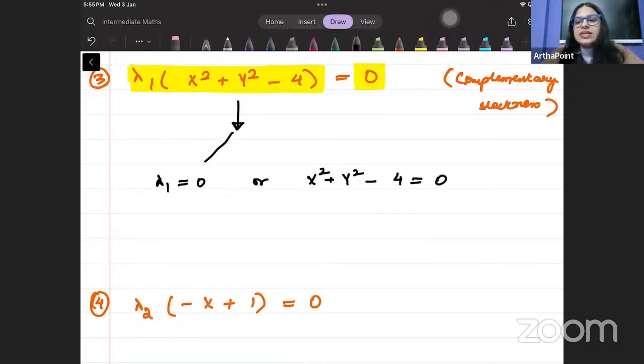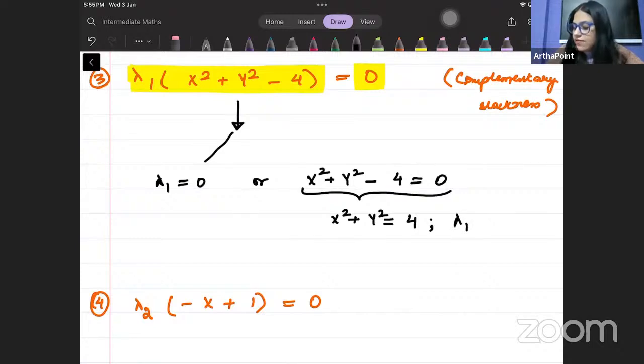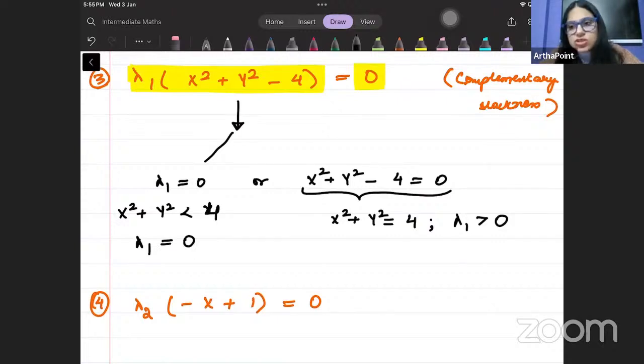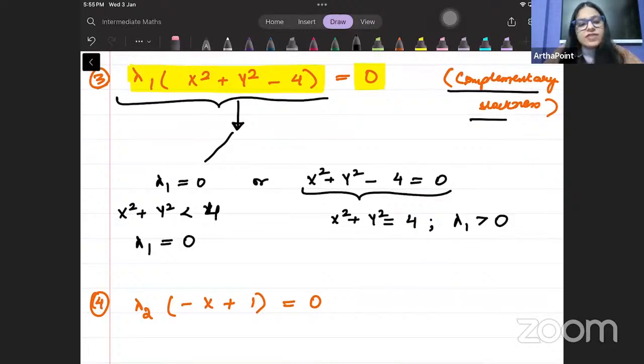So complementary slackness says that if you are meeting this constraint with equality, exactly equal to 4, then lambda 1 will be positive. But if you are not meeting this constraint with equality, that means x square plus y square is less than 4, then the value of the Lagrange multiplier will be equal to 0. This is the implication of complementary slackness, and we will be using this condition further.